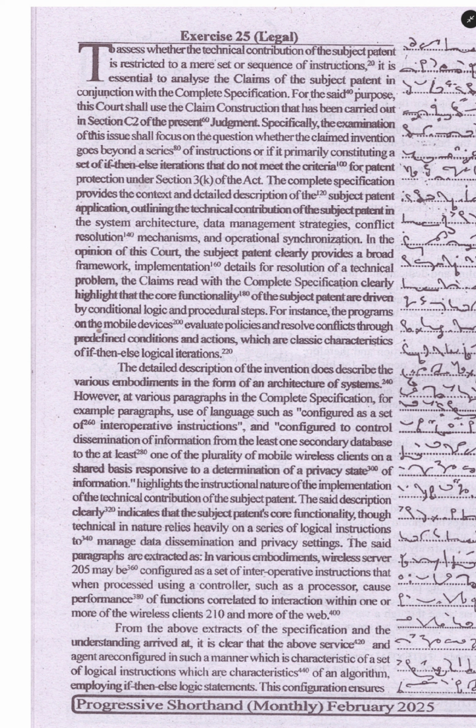Specifically, the examination of this issue shall focus on the question whether the claimed invention goes beyond a series of instructions or is primarily constituting a set of if-then-else iterations that do not meet the criteria for patent protection under section 3 of the Act.